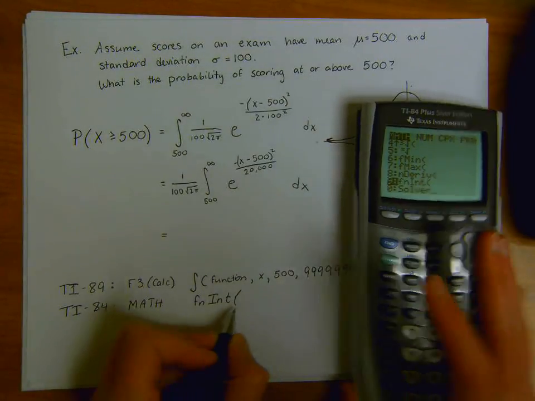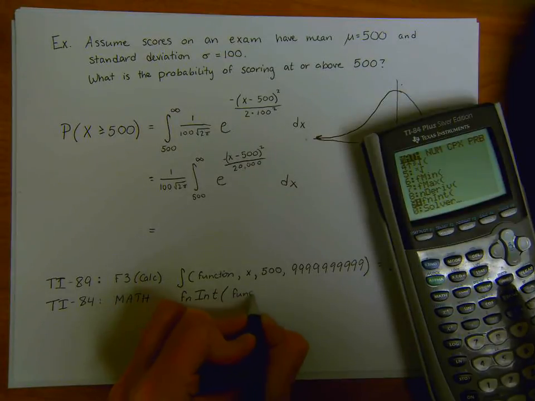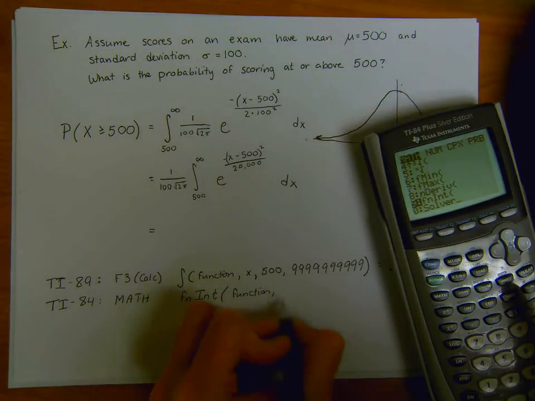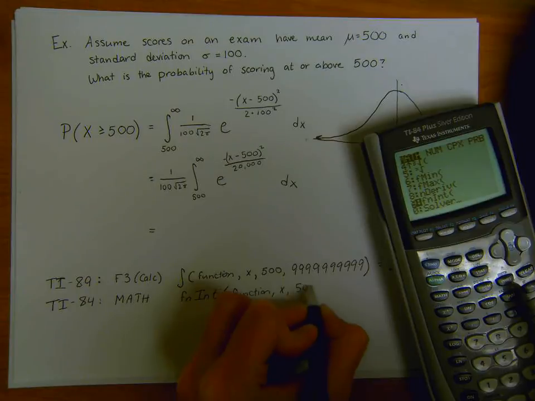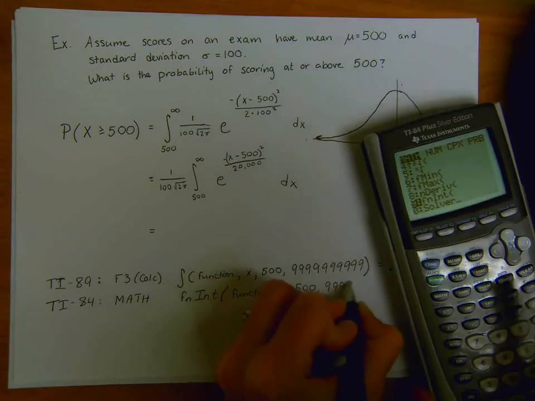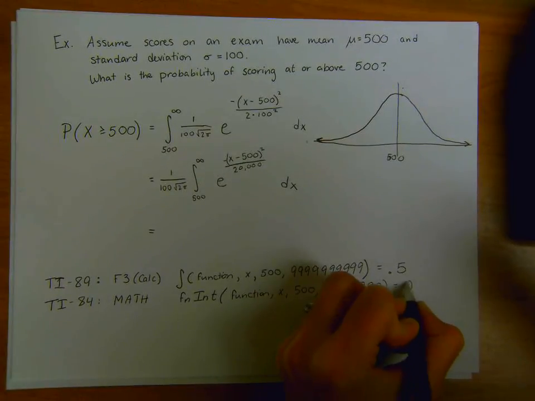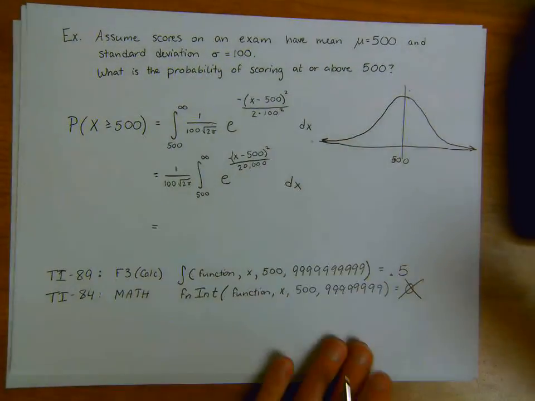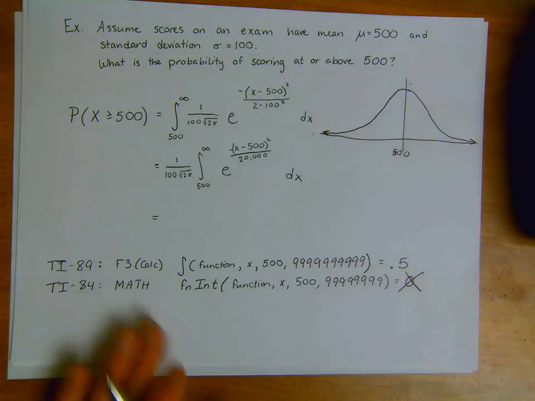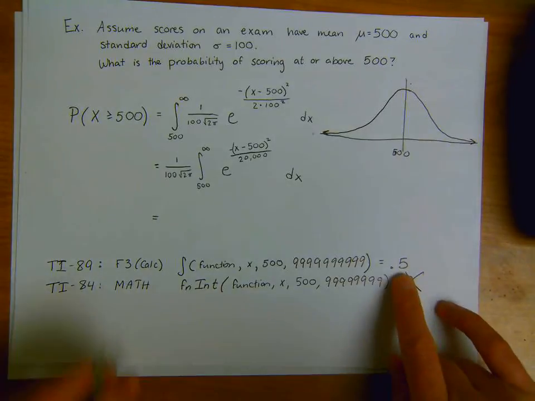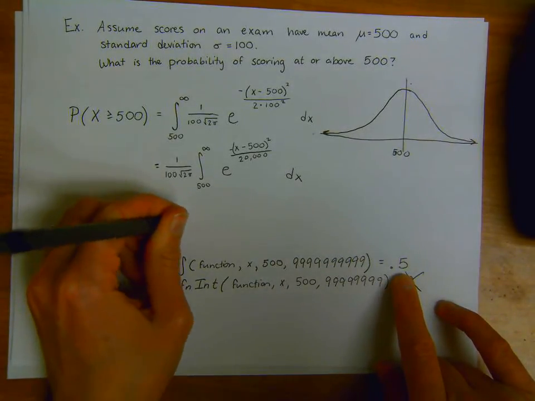That's a function integral, so you type in the function, and you have the same syntax, x, the lower bound, and in this case an approximation of a really large number for the upper bound. And I think mine ended up giving me a value of 0, which is not true. But you can always check this with Wolfram Alpha or something else. The exact value is 0.5.